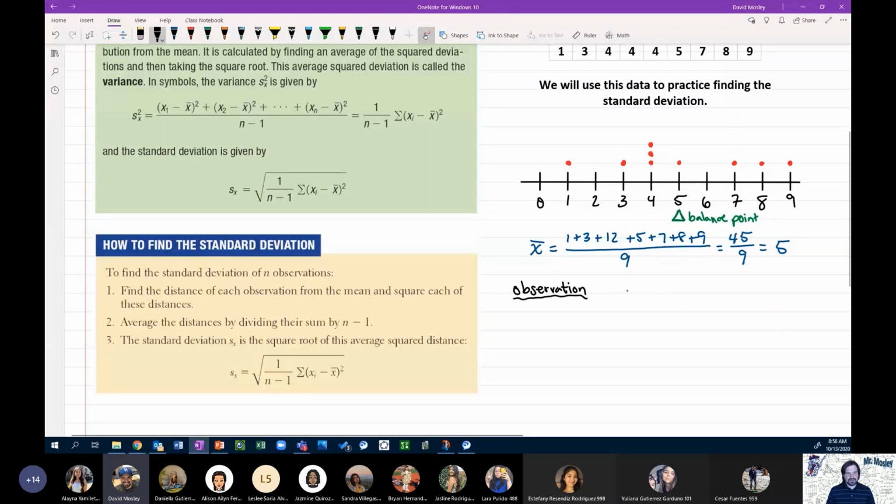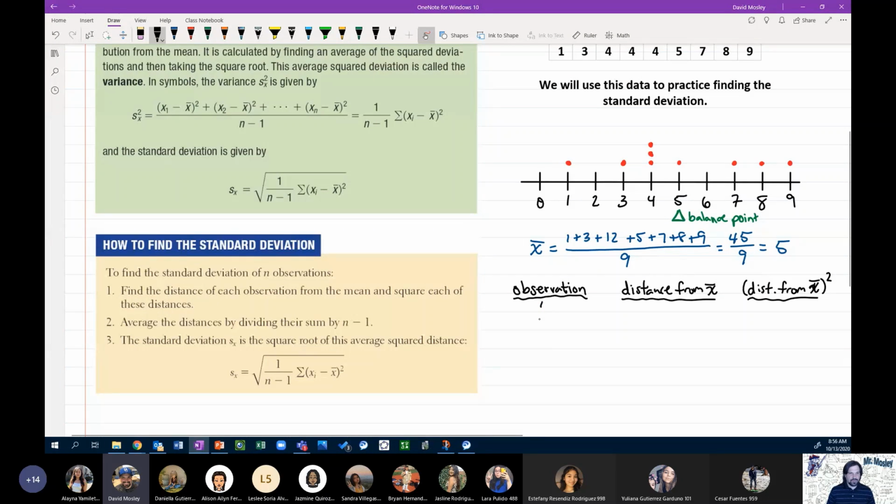Then we have the distance from the mean, and this last one is going to be distance from the mean squared. These are the numbers I need to find the variance and then find the standard deviation.